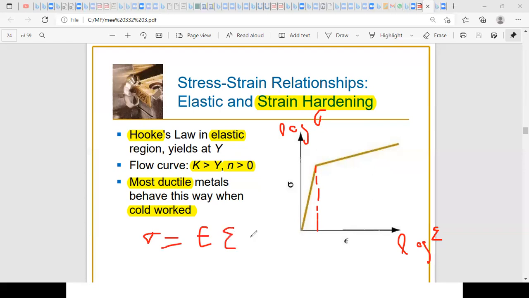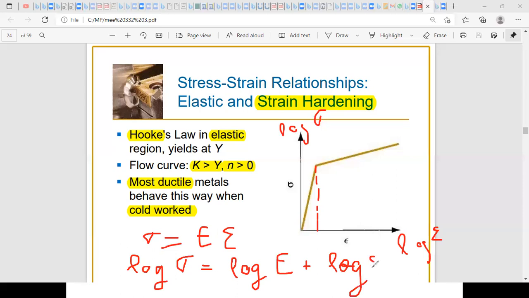Okay, let us see what will be the behavior in log-log scale. So if you do log sigma, it will be equal to log E times epsilon. So it's log E plus log epsilon. Okay, so still in the elastic region, if you present it in logarithmic scale, it will also give you a linear variation.